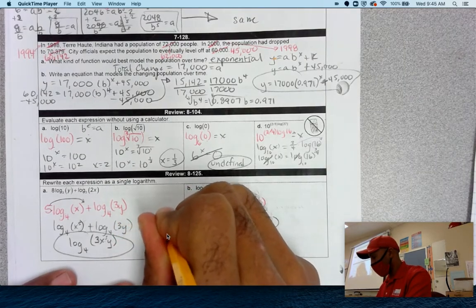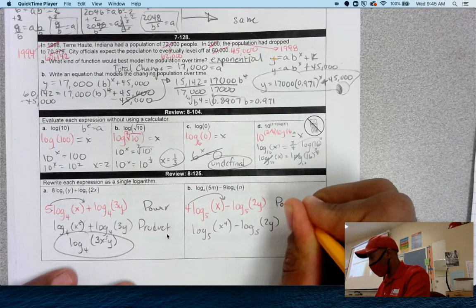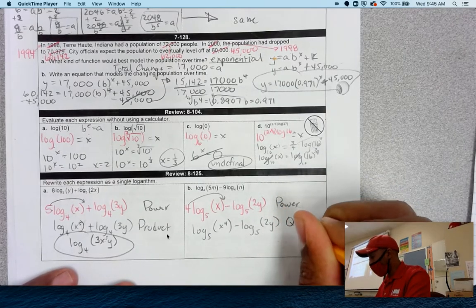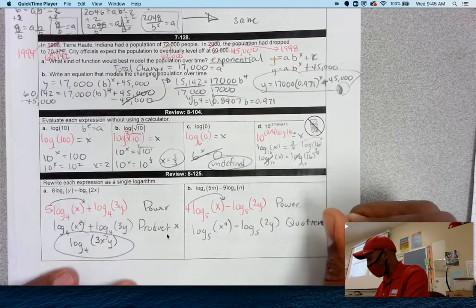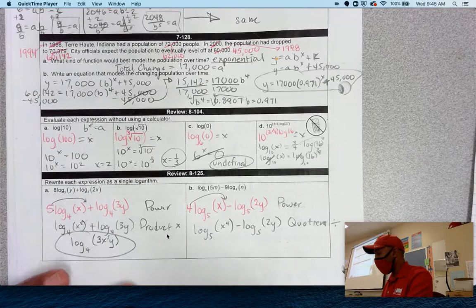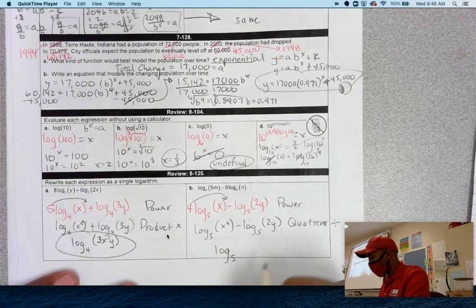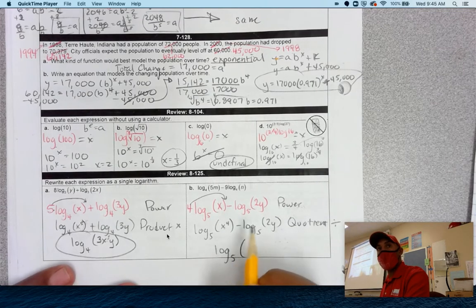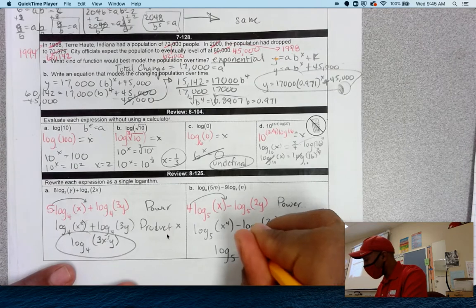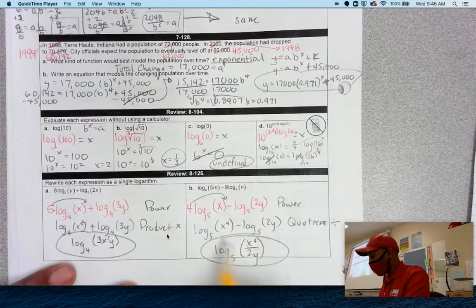So first I use the power rule on both first steps here, but now it's going to be the quotient rule, which is basically the division rule. When you combine them, again log base 5, and now I divide. Remember, the first one goes on top, the second one goes on the bottom. So it's x to the 4th divided by 2y.